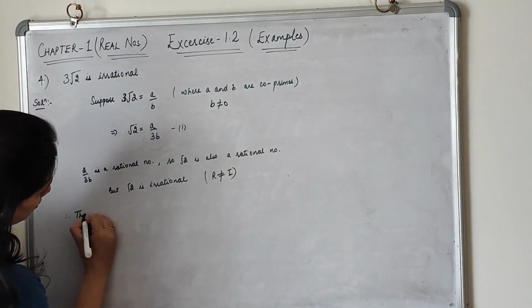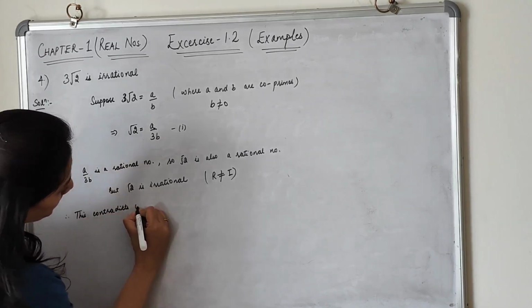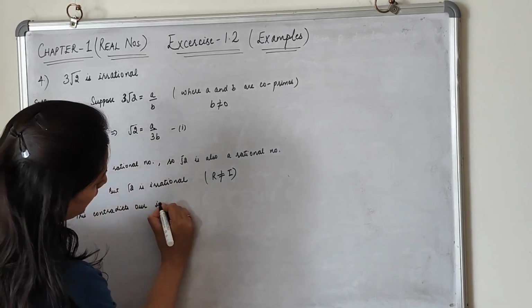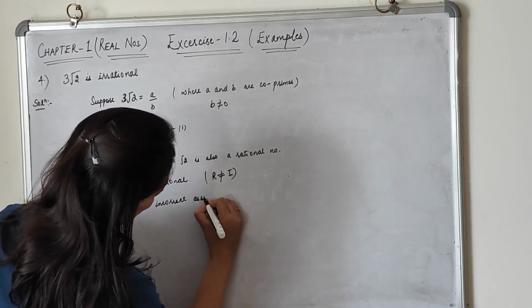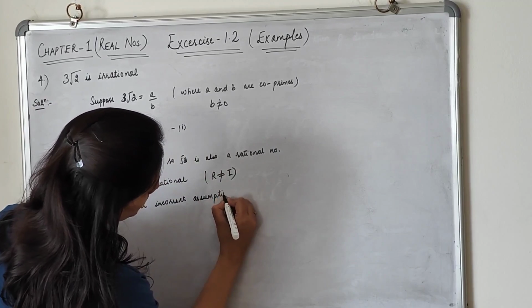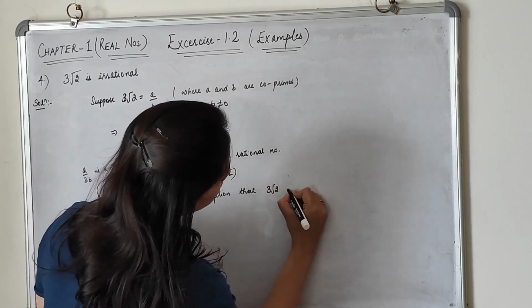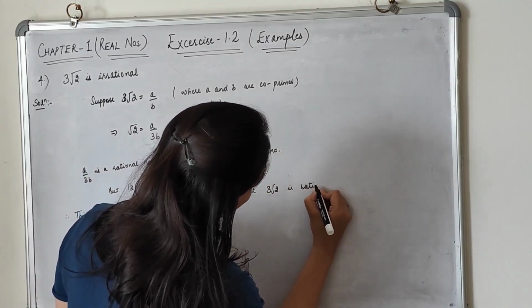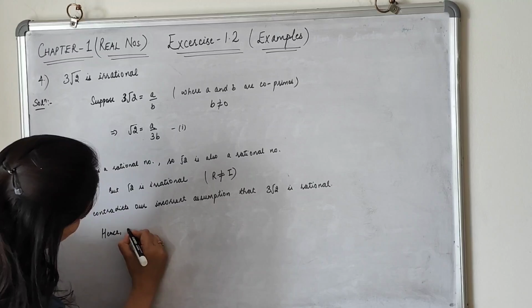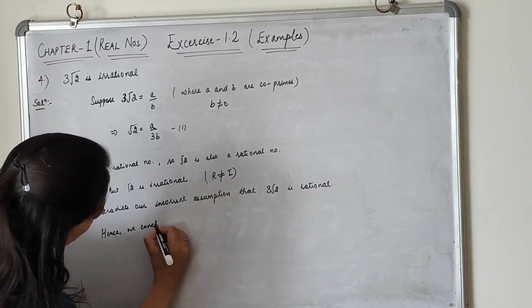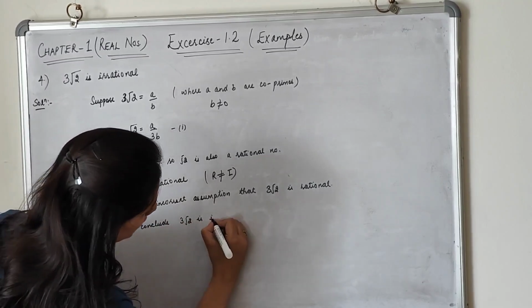Therefore, this contradicts our incorrect assumption that 3 root 2 is rational. Hence, we conclude 3 root 2 is an irrational number.